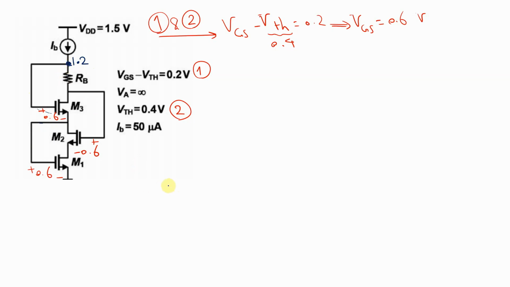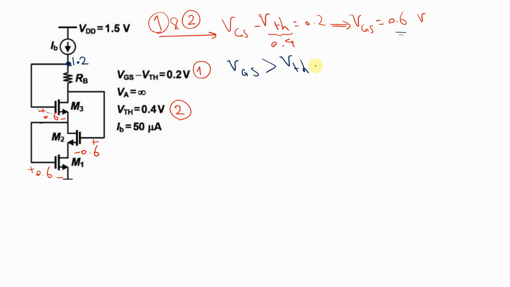Now, in order for a transistor to be in the saturation region, it has to satisfy two conditions. First, VGS must be greater than V threshold, which is true for all of these transistors based on this calculation here.